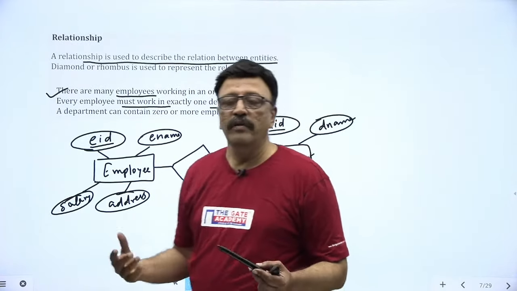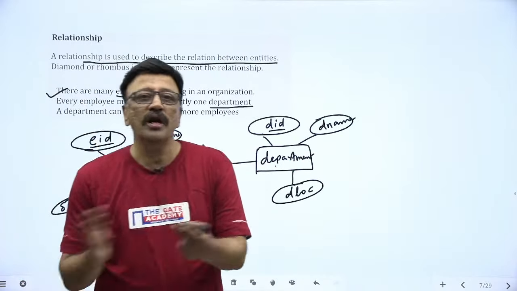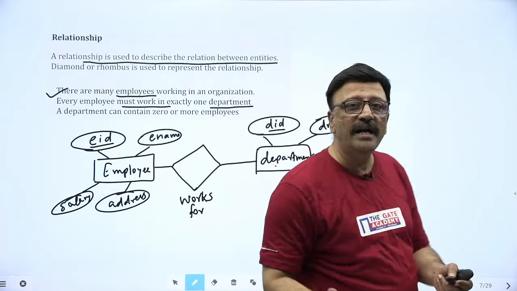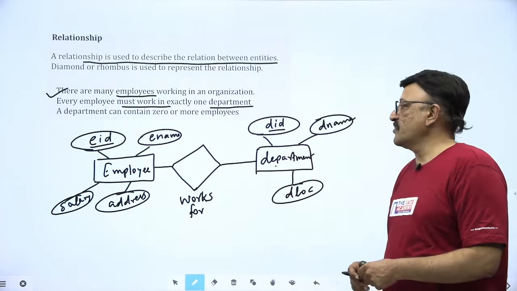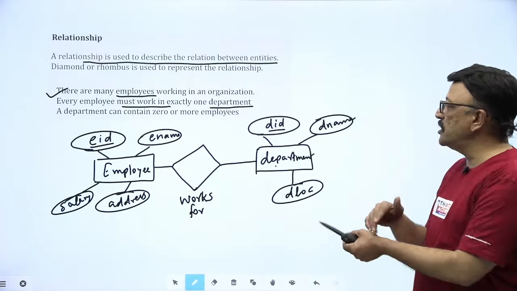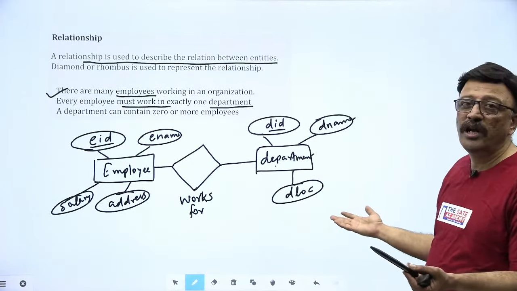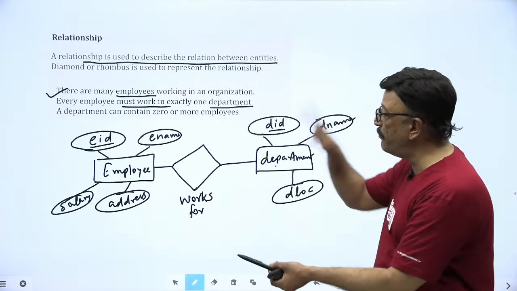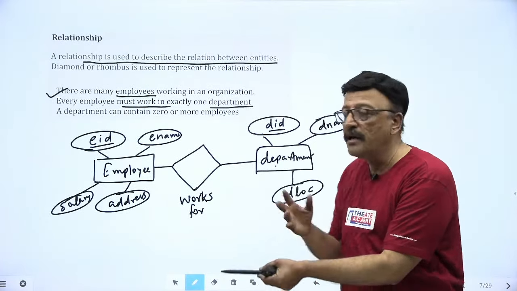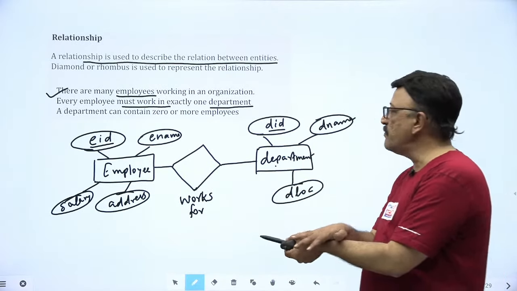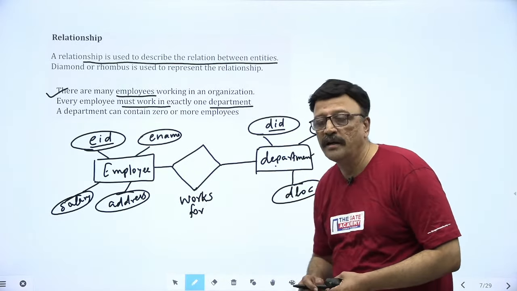You very well understand that employees work for department and departments hire the employees. So it doesn't matter where you show these entities, left or right, and then you may flip, make a mirror image of that. But if you make a mirror image, just make sure that you write the role properly.